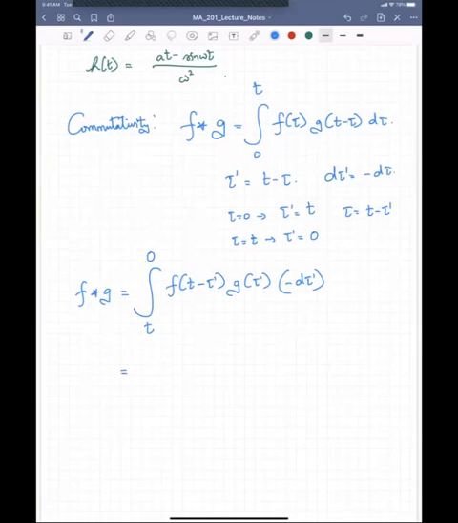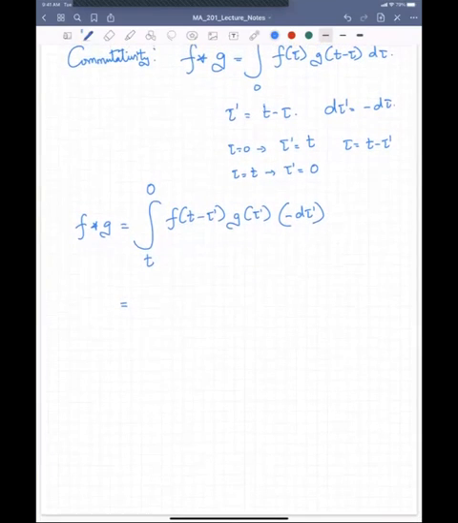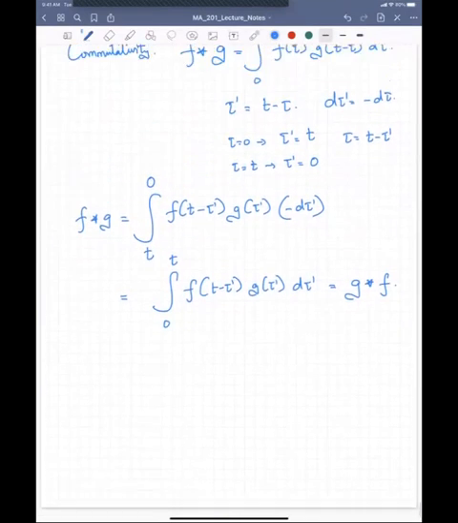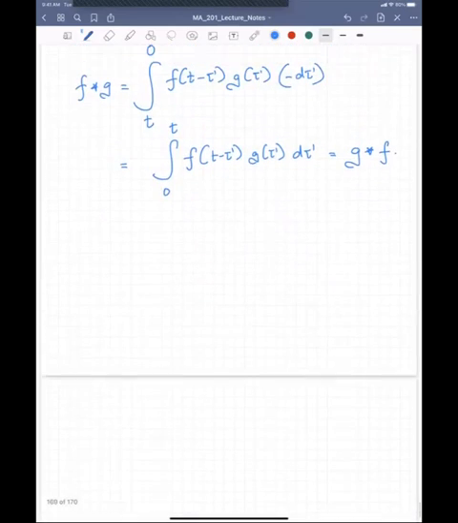And I can get rid of this minus sign and switch the order of integration. So I can write this as the integral from 0 to t of f of t minus tau prime, g of tau prime, d tau prime. And since tau is a dummy index and tau prime is also a dummy variable, this is basically the definition of the convolution of g and f. Okay. So the convolution has certain nice properties that you can always exploit to solve simple problems.